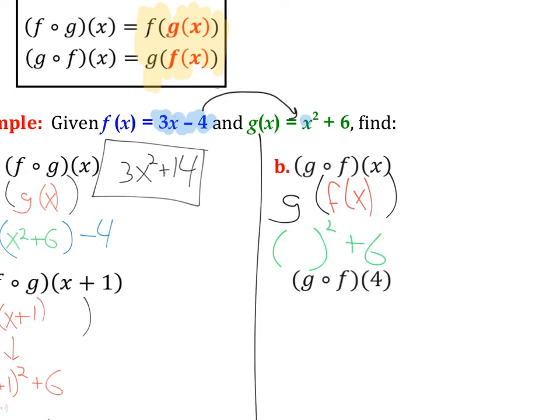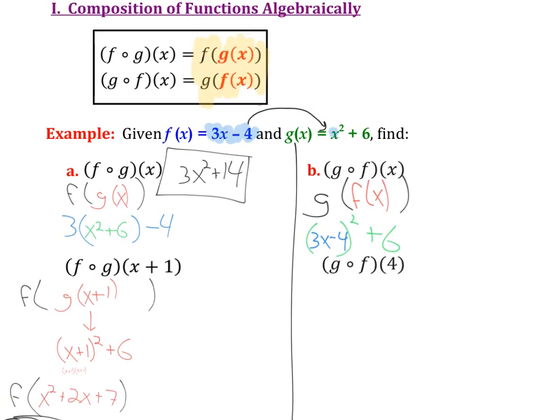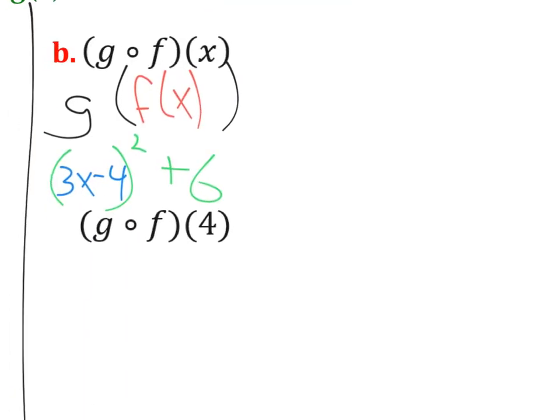So the f function was 3x minus 4, and that will have to get squared, and then we're going to add 6. Remember, 3x minus 4 quantity squared, that's going to be 3x minus 4 times another 3x minus 4.